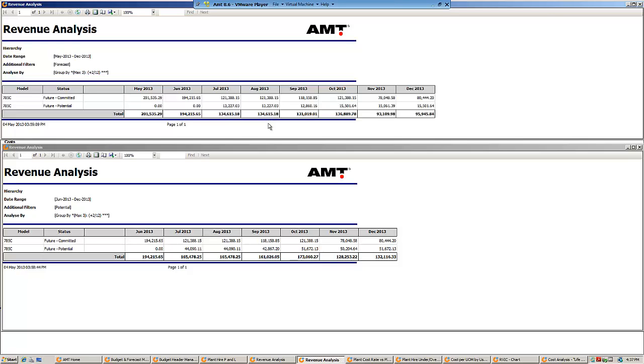But if we had the equipment all committed to rental projects, we would get 165,000. So that gives us an asset utilization or rental efficiency measure, where you can see we're getting 134,000 out of the maximum that we could get of 165,000.